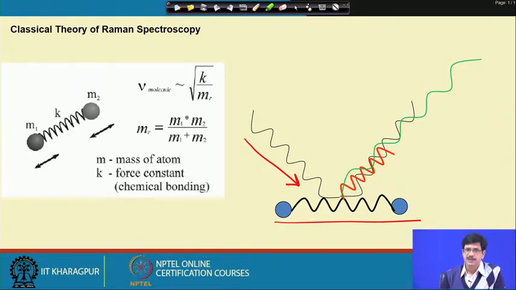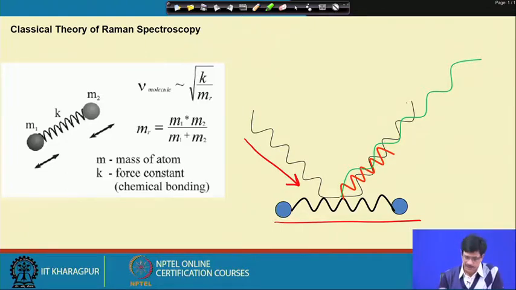Now, if this is the incident electromagnetic energy and it interacts with this bond, then what will actually happen? So, this black line represents the incident electromagnetic energy, its frequency and wavelength, which is also shown as the same black wave which is getting reflected or scattered, retaining its frequency and the wavelength exactly.